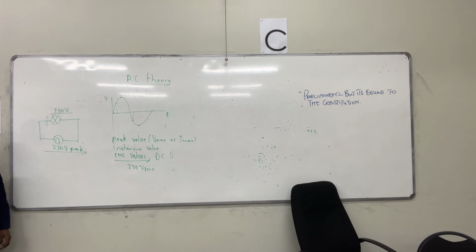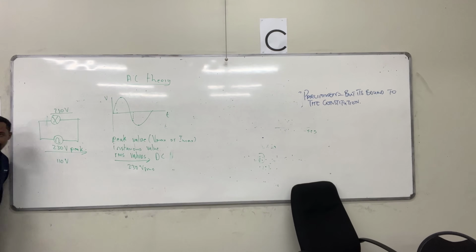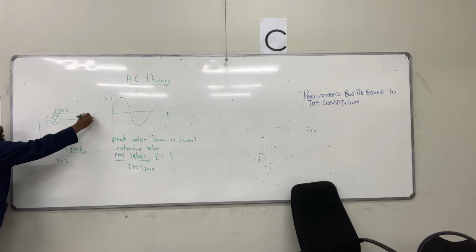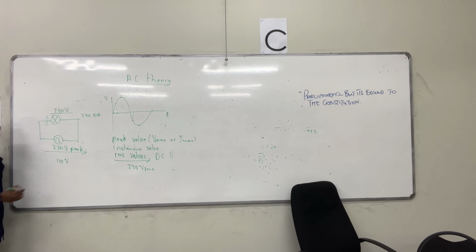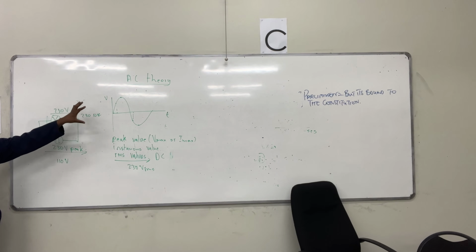So basically on average, the source is giving, let's say, around 110 volts. But if we were to put 230 volts DC, it would glow well.